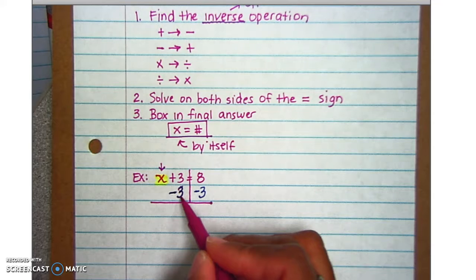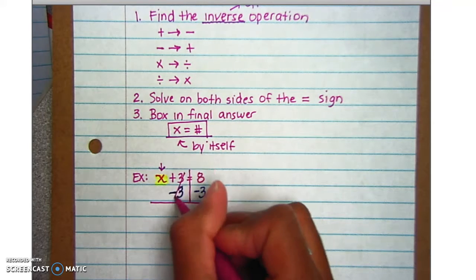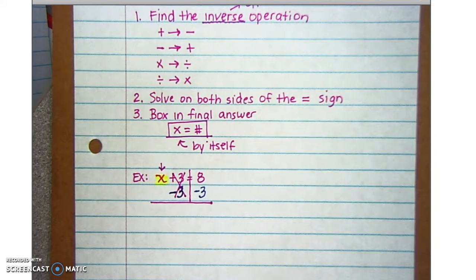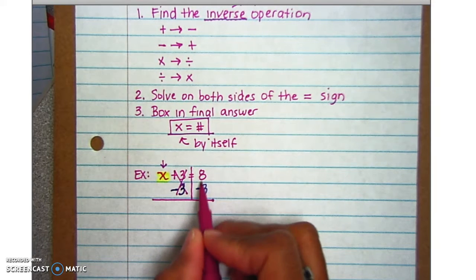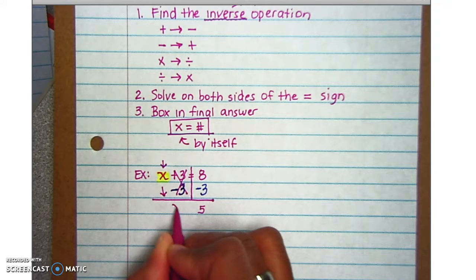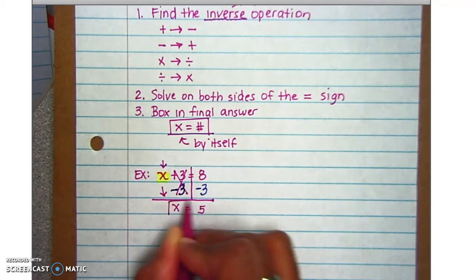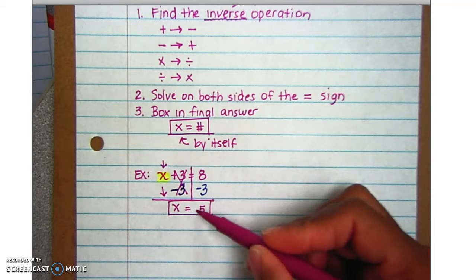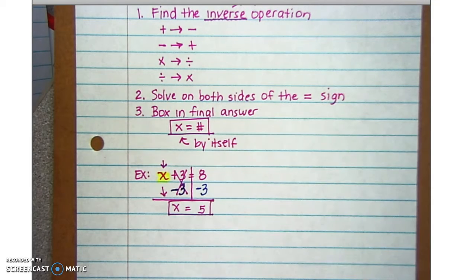So 3 take away 3 we know is 0, so I'm just going to cross that out because we no longer need it. 8 take away 3 is 5. Then you're going to bring down everything you haven't used. Because this looks in the format like that, we are done with our final answer.